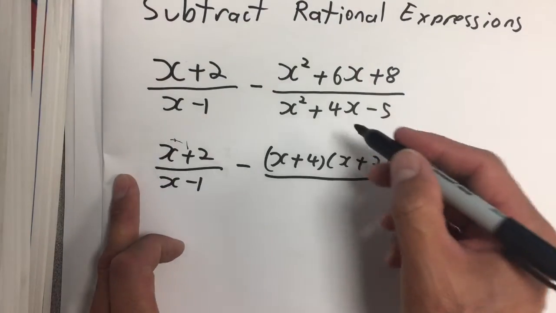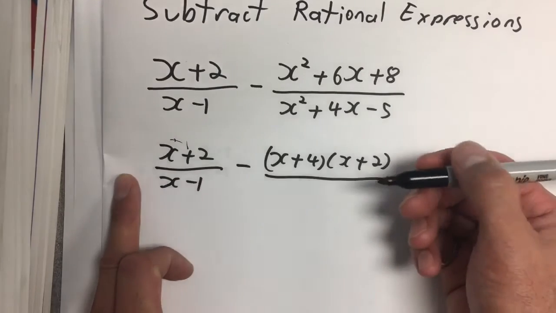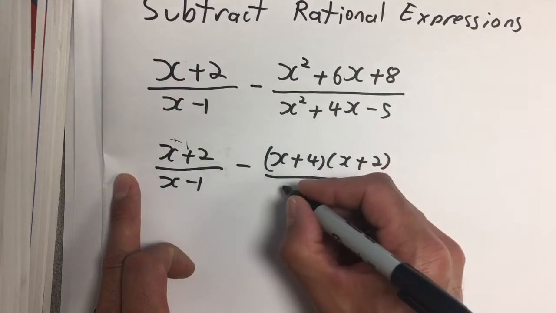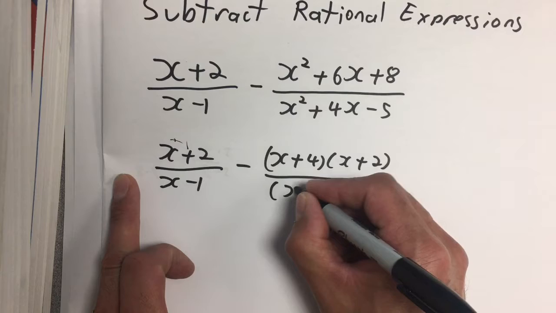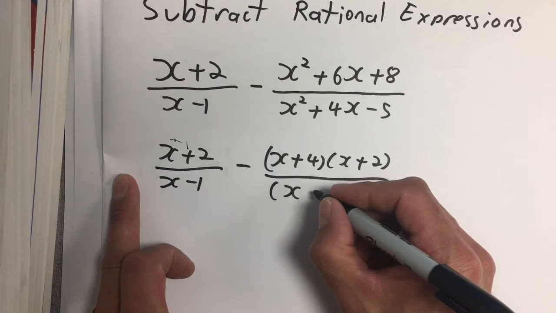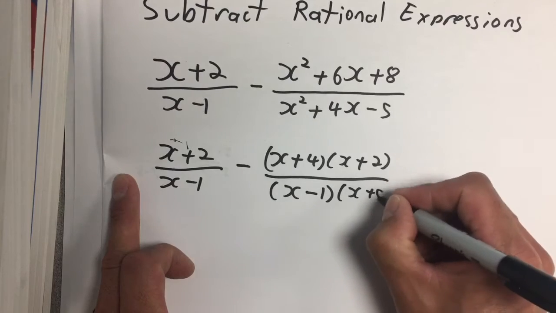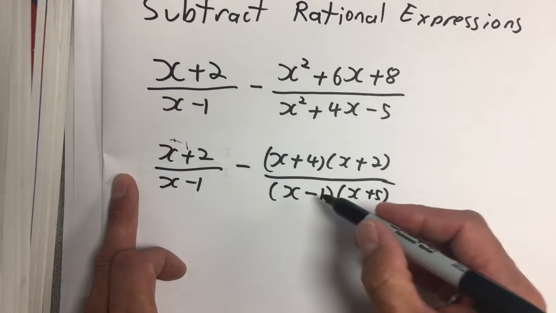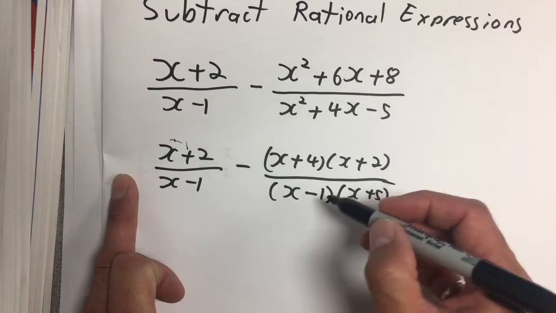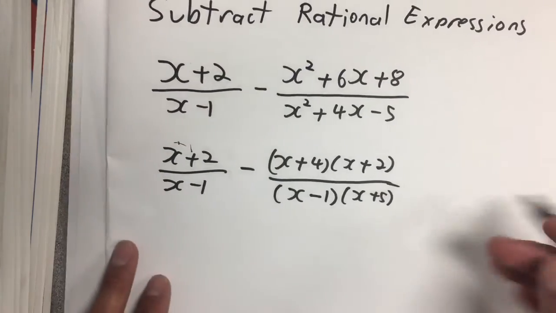Over on the bottom, I need numbers that add to 4 and multiply to -5. And those are x - 1 and x + 5. 5 minus 1 is 4. 5 times -1 is -5.